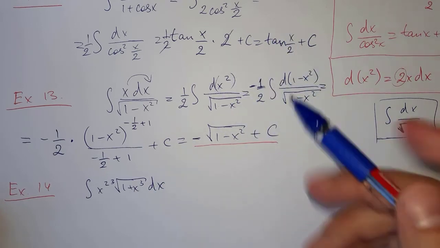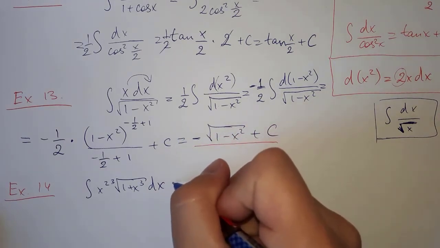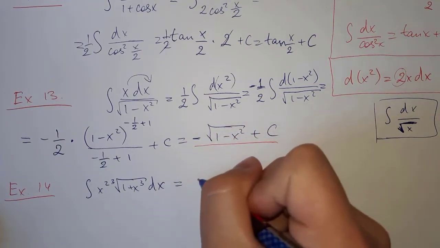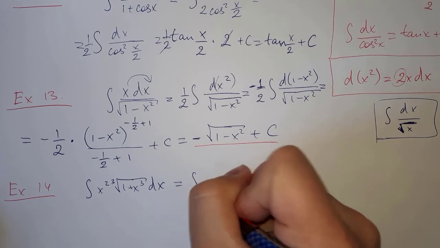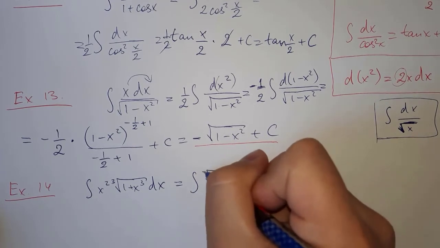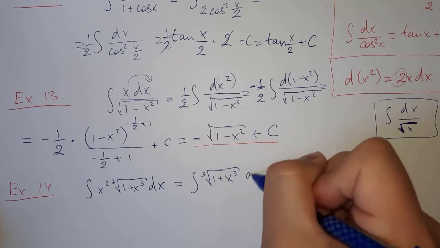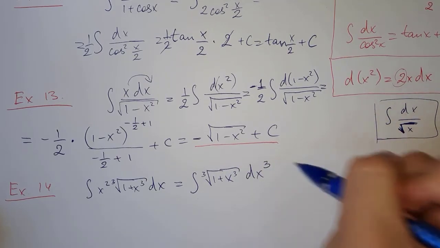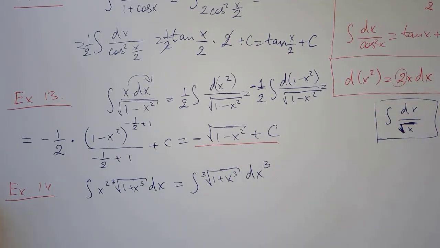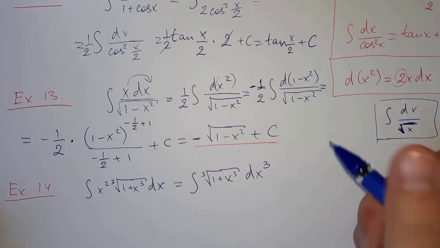And here, we have x squared in the differential. It will be, firstly, this function 1 plus x cubed, and d of x cubed.